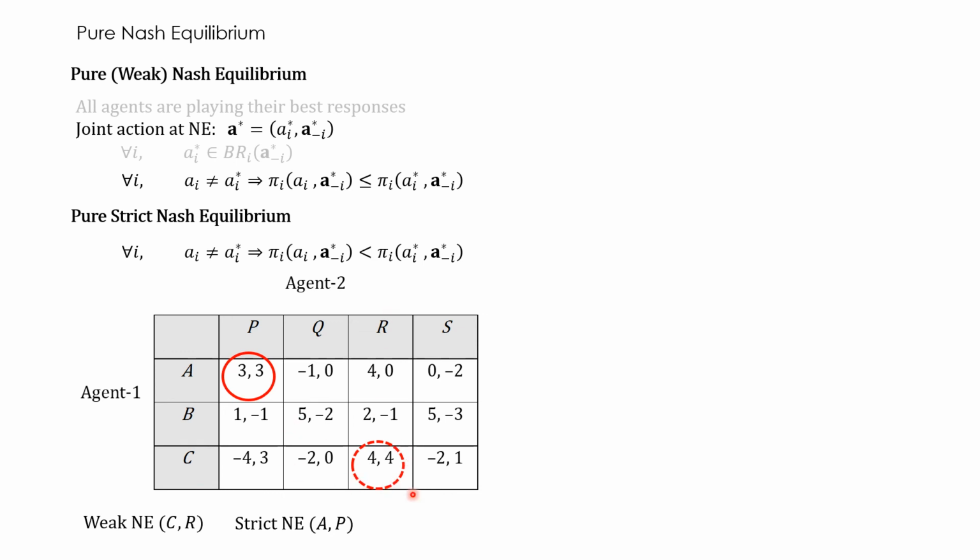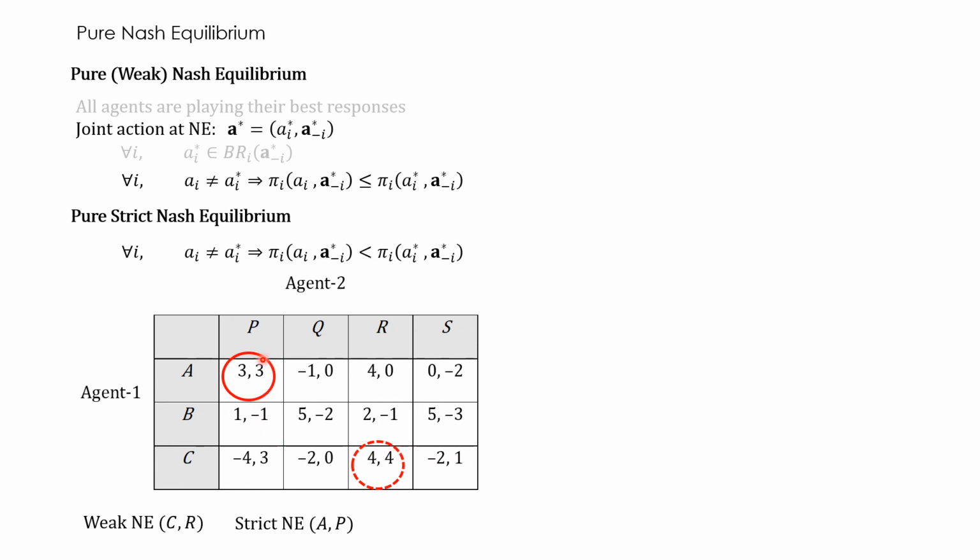This is a weak Nash equilibrium. Why is it weak? Because if you look at the payoff that agent 1 would get if it switched from action C to action A, its payoff would remain the same, 4 and 4. So this strict inequality wouldn't hold. That's why this is a weak Nash equilibrium.